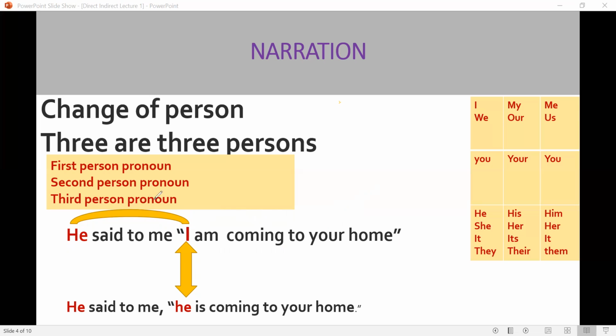For example: He said to me, "I am coming to your home." So this I, first person, has been changed into the subject of the reporting speech.